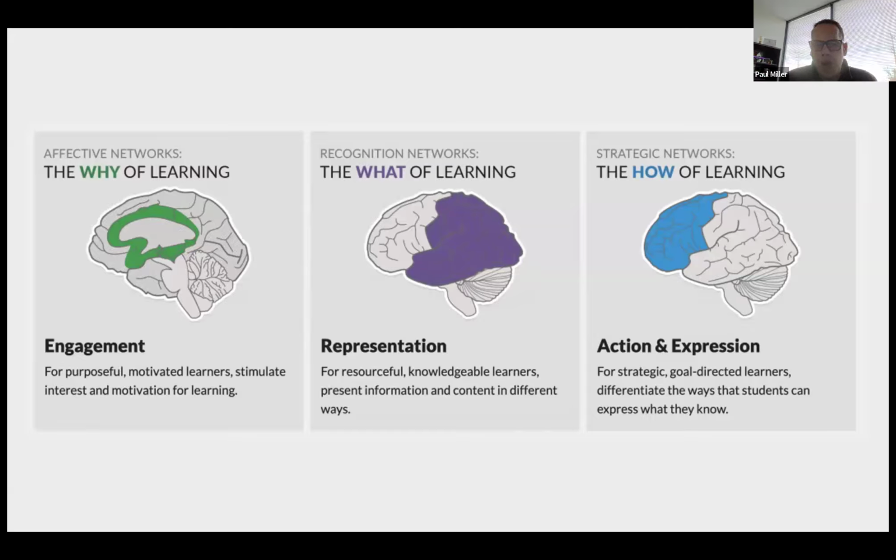And then for the how of learning, the action and expression, right? Finding ways in which students can express what they know in ways in which they know it, right? So if we can provide different viewpoints through that representation, they can demonstrate their understanding in some of the same ways, right?